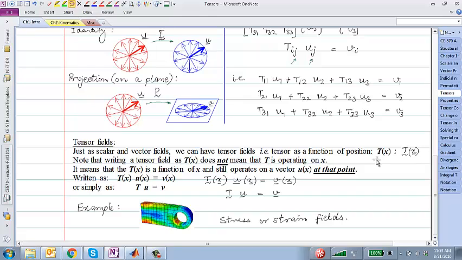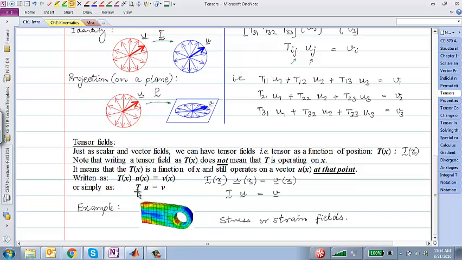So if you think of a velocity field, where you associate each and every point of that body with a particular arrow, a velocity, then some tensor could be acting on that velocity vector at that point and giving you another vector at that point. At a different point, again you have a velocity, and a different tensor could be acting on it and giving you another vector.